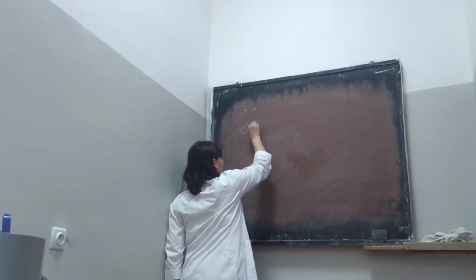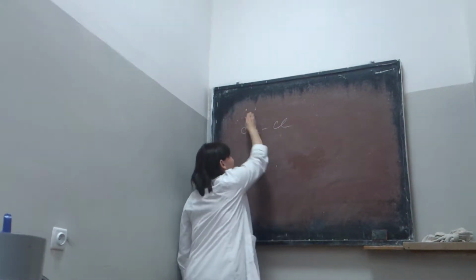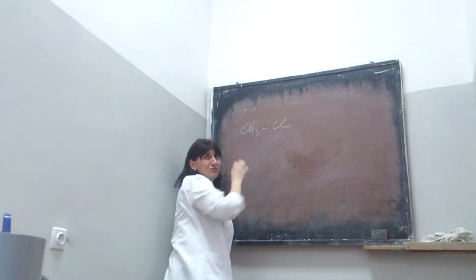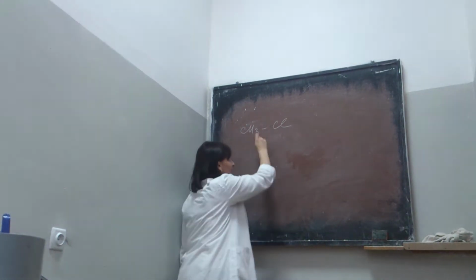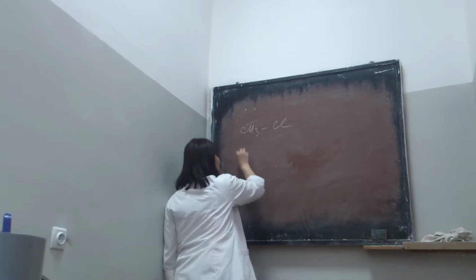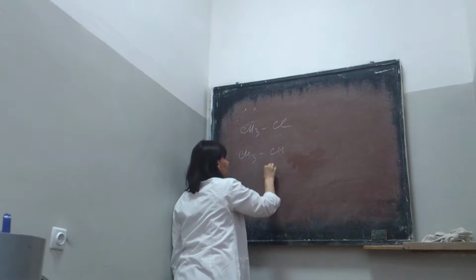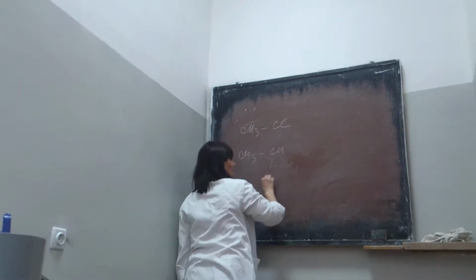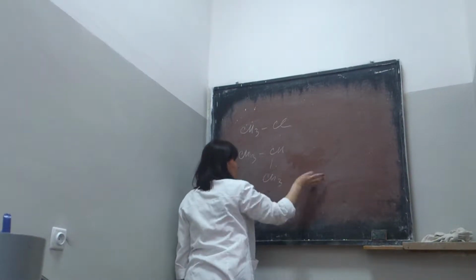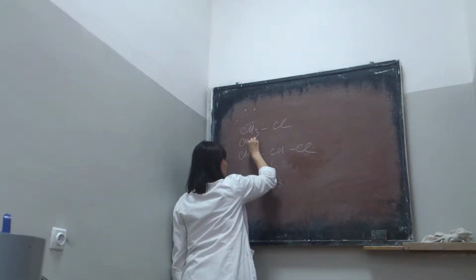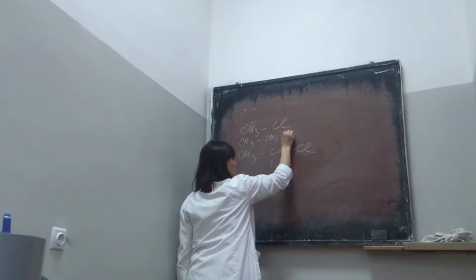Now look, once again, CH3, Cl, and it does not matter which radical you have here. I write CH2 because of its smaller radical. This one is a primary alkyl halide. Then CH3, CH3. This is secondary. CH3, CH2, Cl.